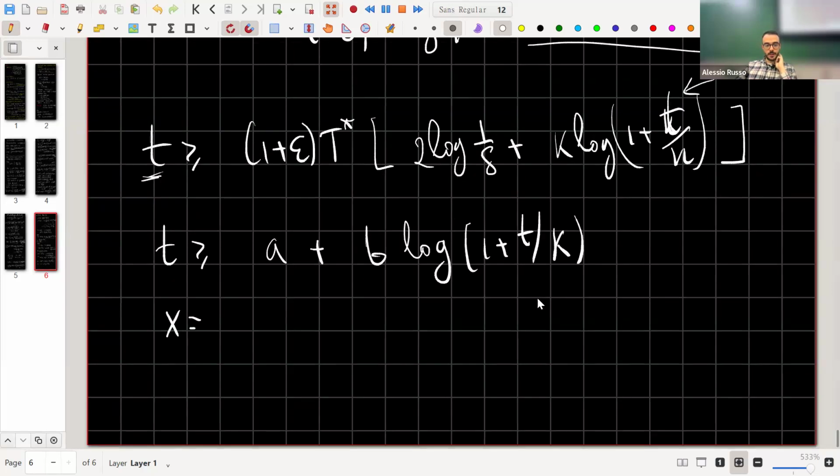Then I define x to be t divided by k, alpha to be A divided by k, and beta, not to be confused with the previous beta, to be B divided by k. Now we just need to solve this inequality, so that's why I'm doing all these transformations.